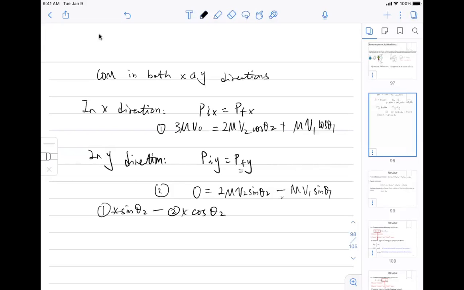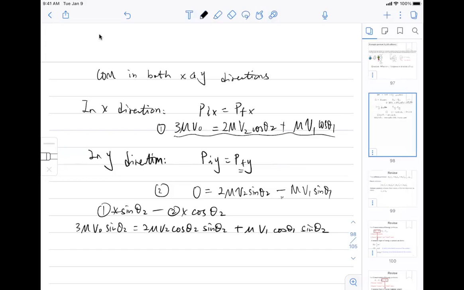So if I multiply everything by sine theta 2, I get 3m v naught sine theta 2 is equal to 2m v2 cosine theta 2 sine theta 2 plus m v1 cosine theta 1 sine theta 2. Okay, so this is this part. The second equation multiplied by cosine theta 2 becomes this: 2m v2 sine theta 2 cosine theta 2 minus m v1 sine theta 1 cosine theta 2.